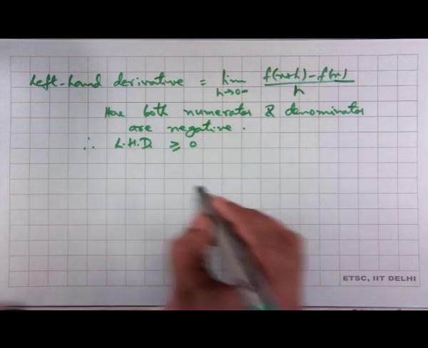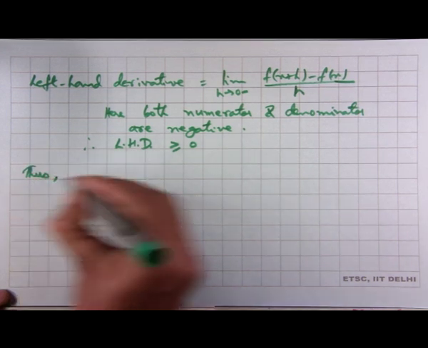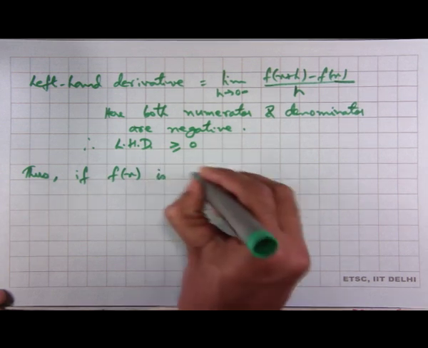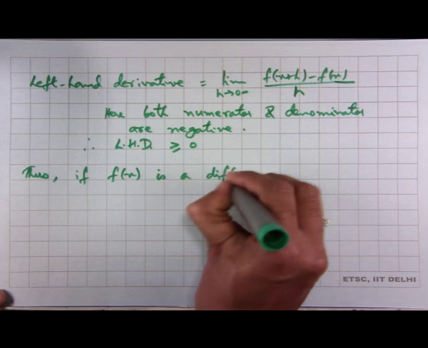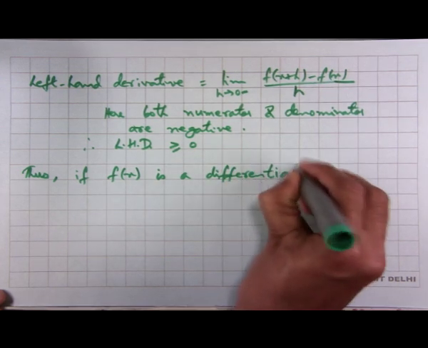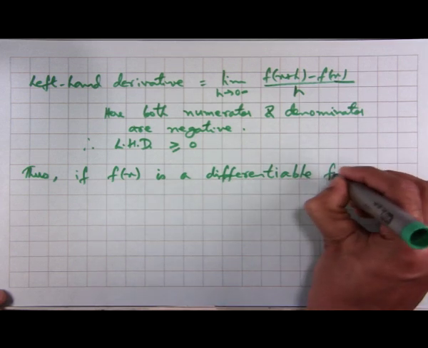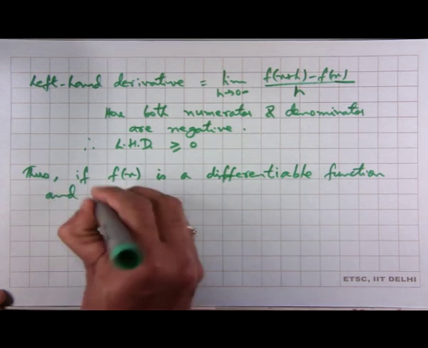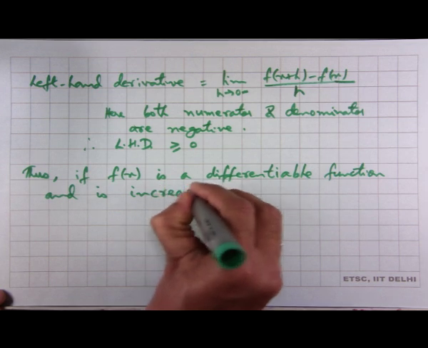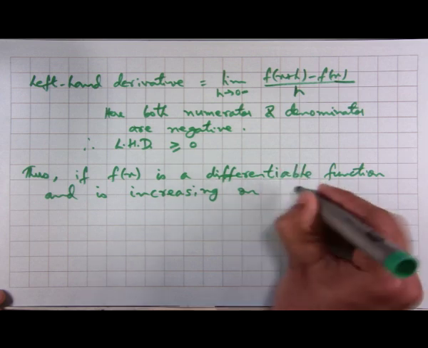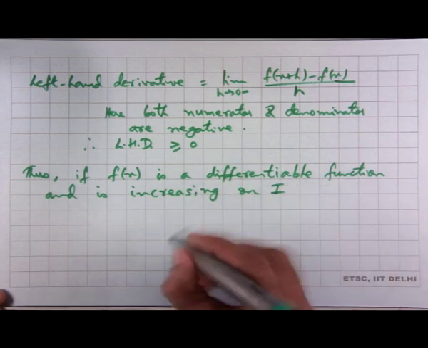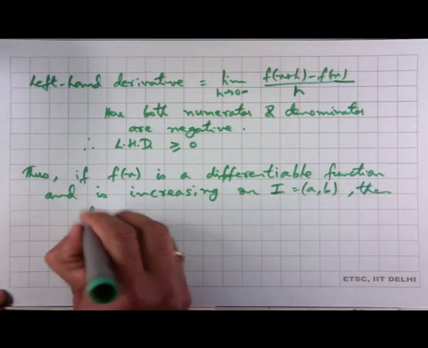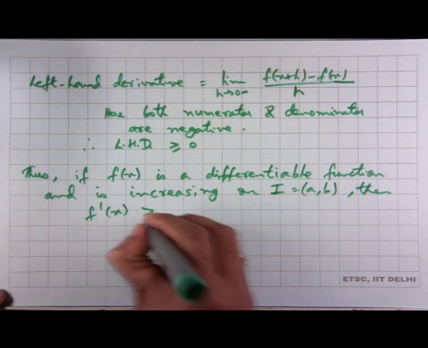So, what we have seen is that, thus, if f x is a differentiable function and is increasing on an interval I, then the derivative f prime x must be greater than or equal to 0.